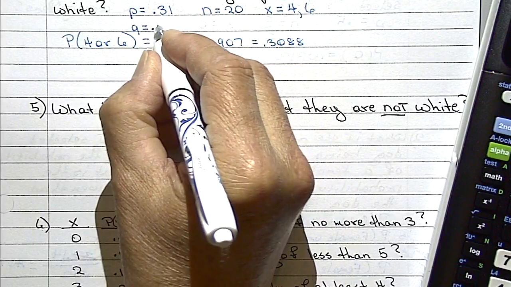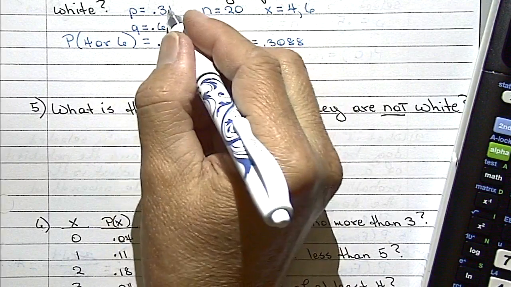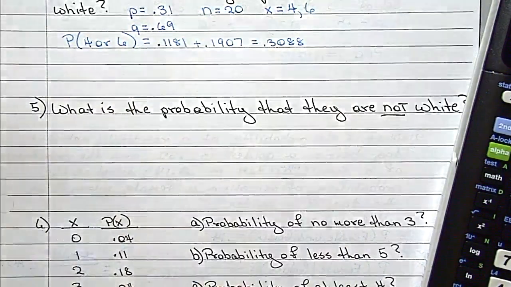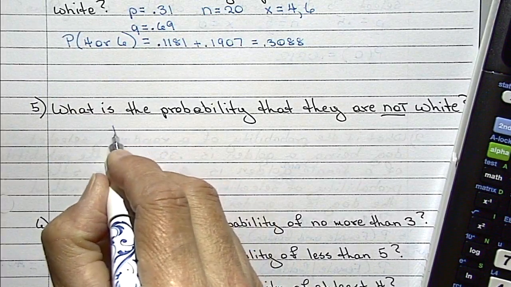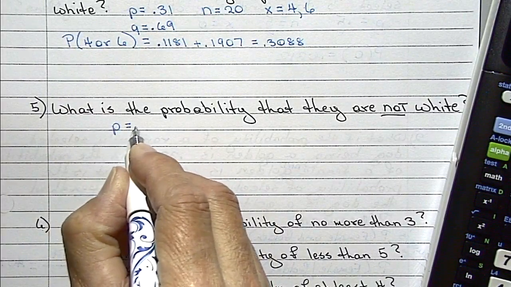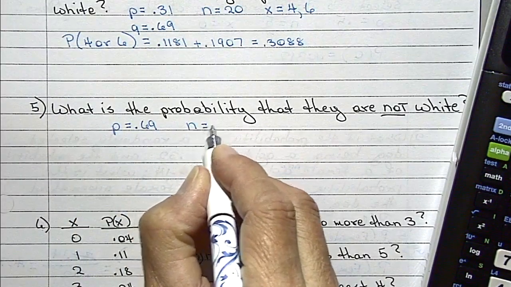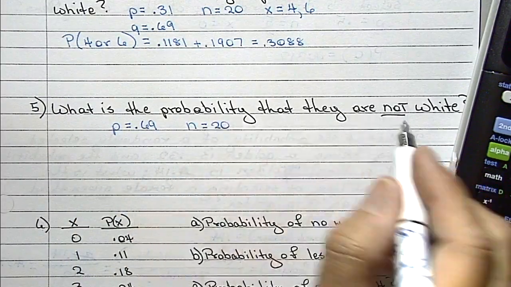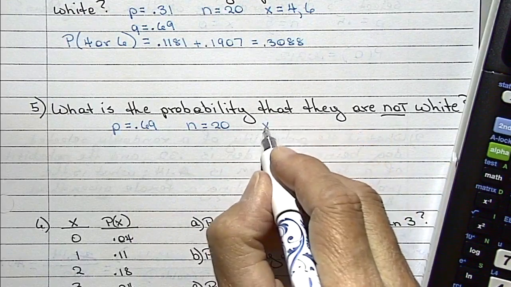Well, 0.69. Wouldn't that add up to 1? Yeah, right? So now I've got a probability. I'm going to use a p this time of 0.69. Still, I've got an n of 20. And they're saying the same ones. They means 4 or 6, right?